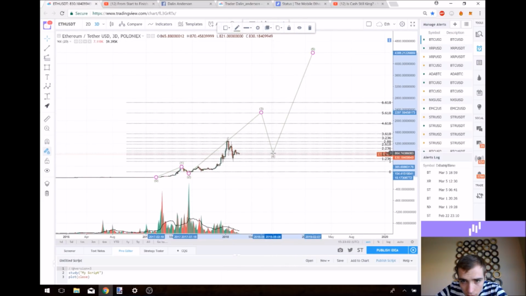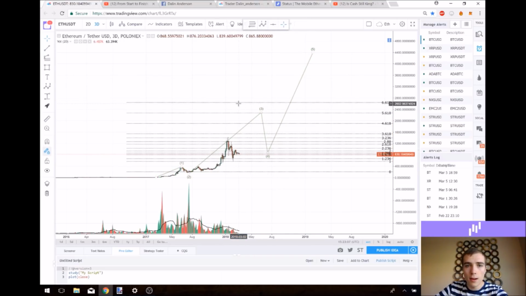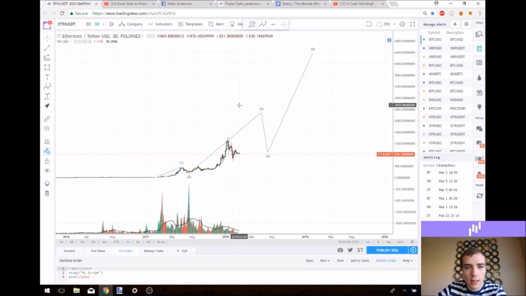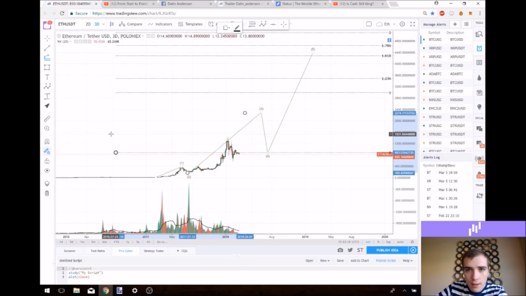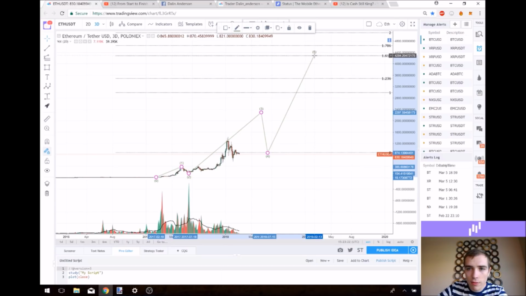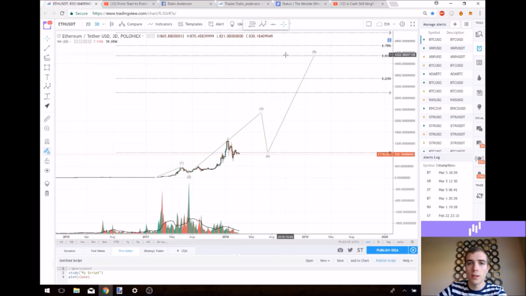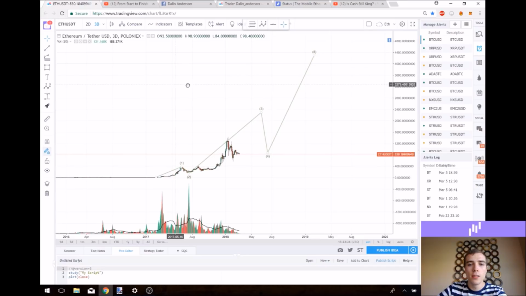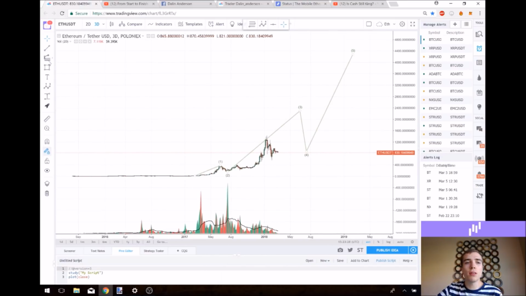Okay, let's pull this back down to the 2.36. Awesome. And then now I'm just going to take this fib tool again, draw from the low to the high, and then back down to here, and we'll go for the 1.618 at $4,200. Okay, so I basically just use the Fibonacci extension tool to find my targets.